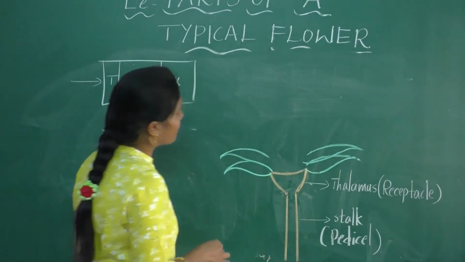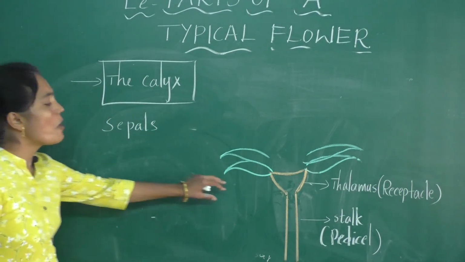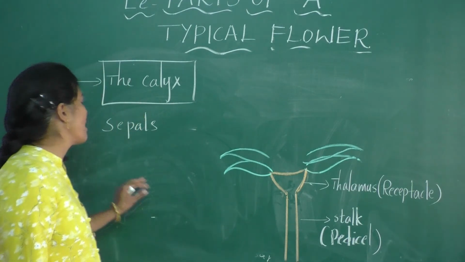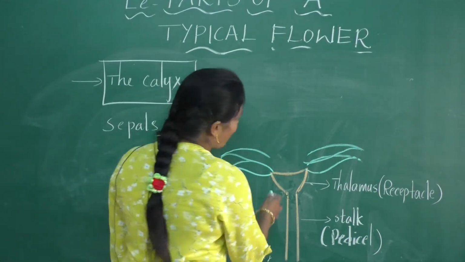So what is this part, children? This part is called the calyx. It is the outermost whorl of the flower. What are the constituent units? Sepals. Sepals are the constituents.